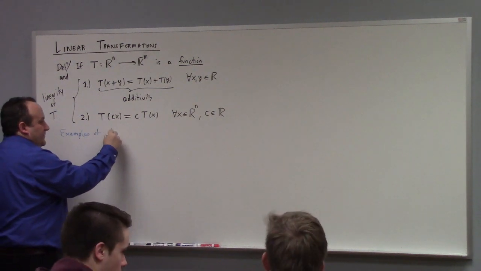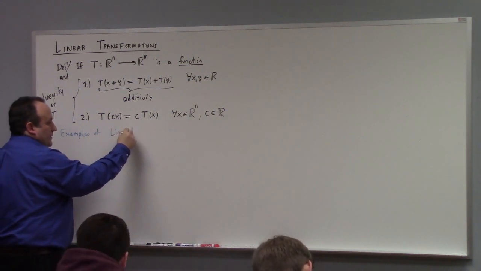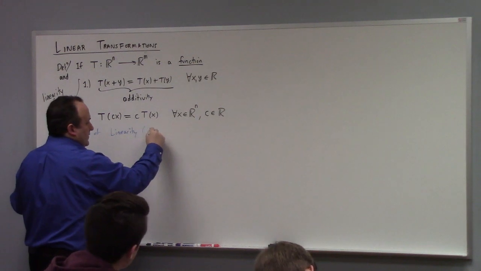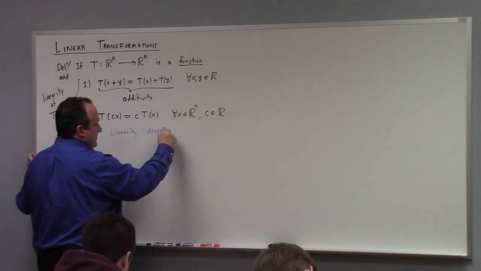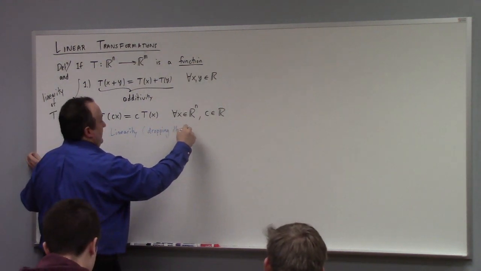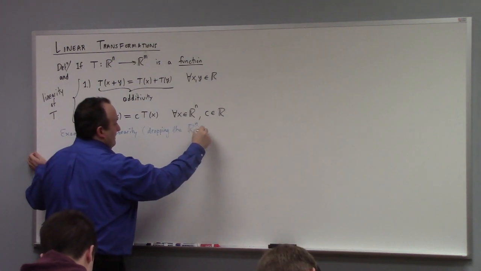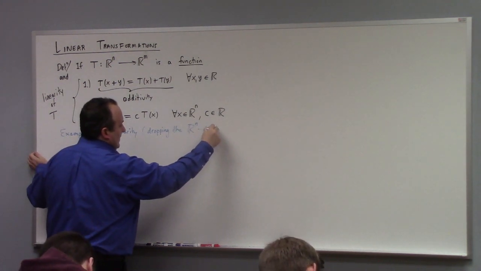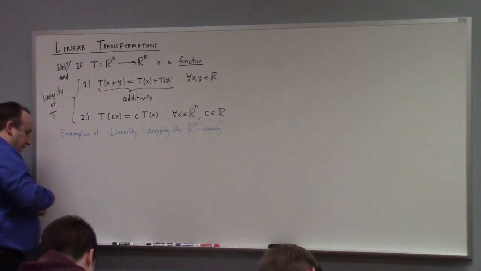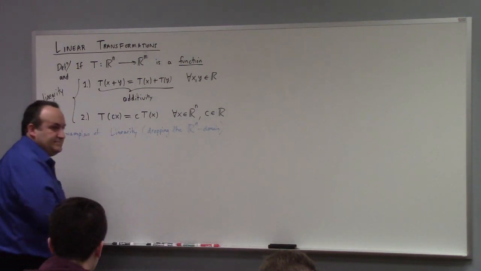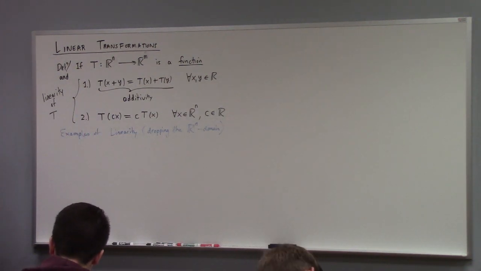If we drop the Rn domain, okay? Can you guys tell me some other examples of linearity before we go on and do easy stuff with matrices?